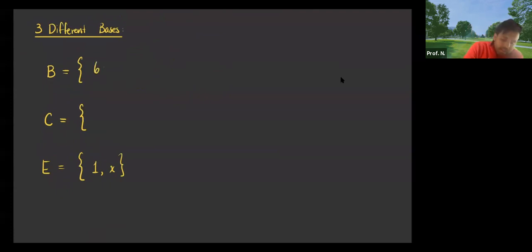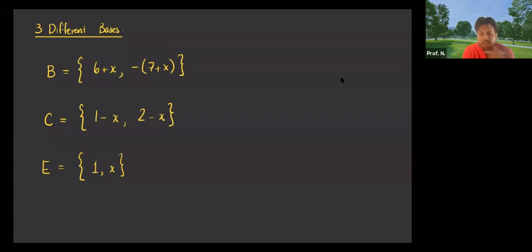They say these two polynomials also form a basis for P1. And so is this one. So I have 3 different bases that are linearly independent and that span all of P1. They span all of it.